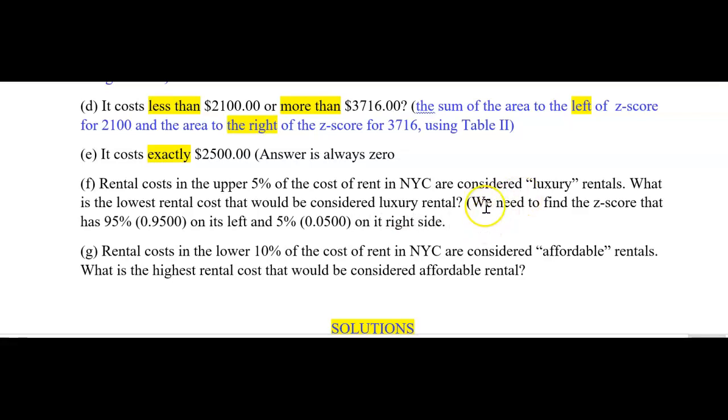Look at how we did in the previous lesson, how we found the z-score when we were given areas. It's a part of lesson 12, the last question I believe in lesson 12.